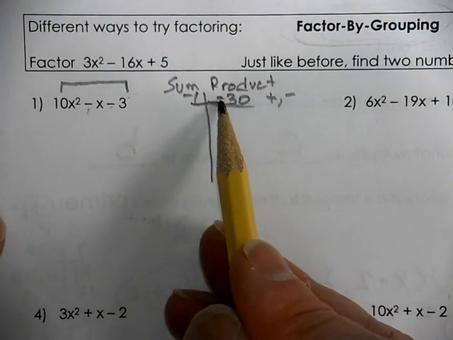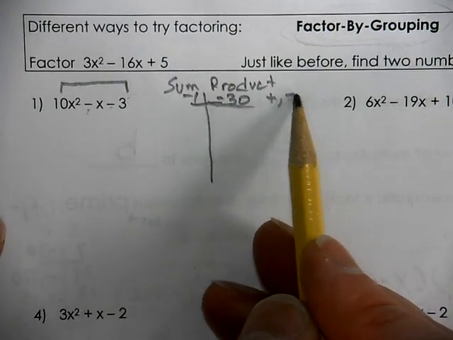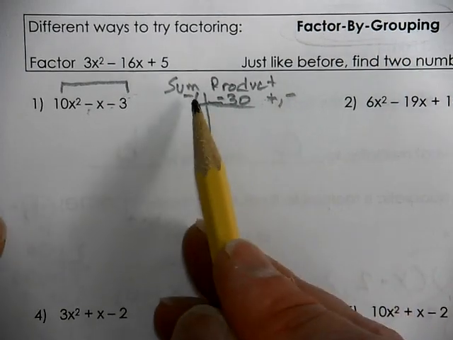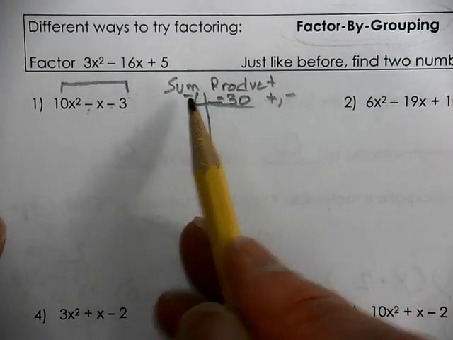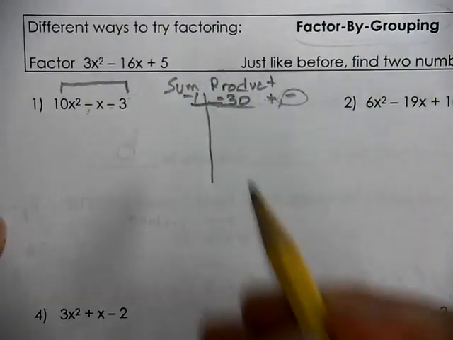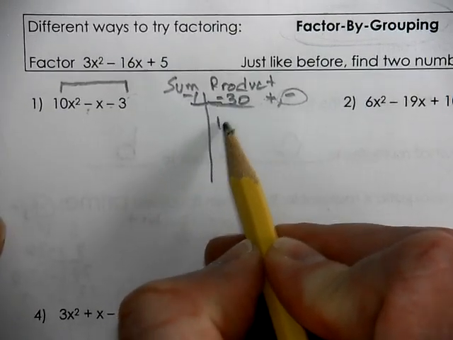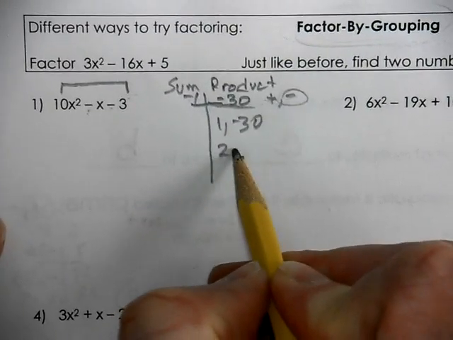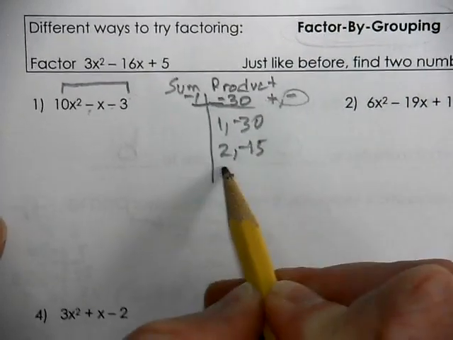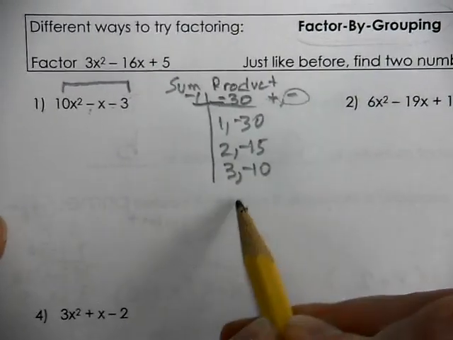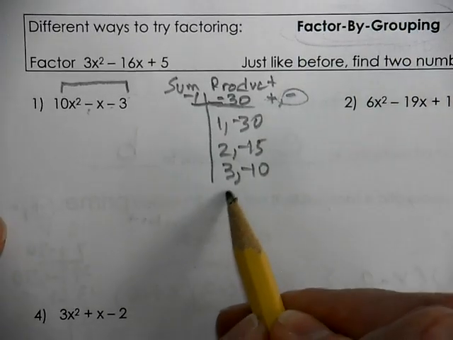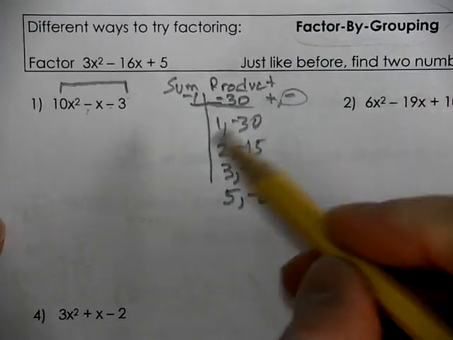Okay, let's focus on this negative. This is negative, so they have to be opposite signs. And because the sum is negative, the larger number is negative. So 1 and negative 30, 2 and negative 15, 3 and negative 10, 4 doesn't go into 30, 5 and negative 6.